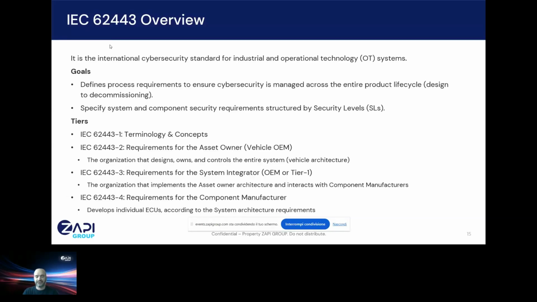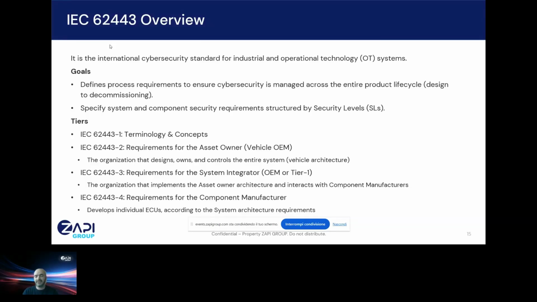The 62443 is divided into 4 parts, where the first part is the glossary. The second part defines the cybersecurity requirements that the asset owner needs to satisfy. The asset owner is the organization or person responsible for defining the cybersecurity requirements of the system. If we consider vehicle manufacturing, the system is the vehicle and the asset owner is the OEM.